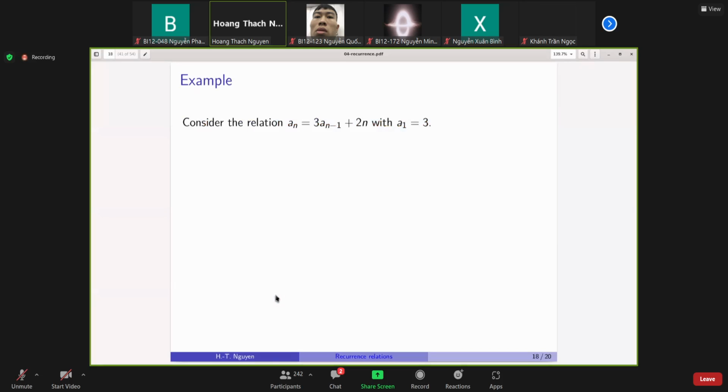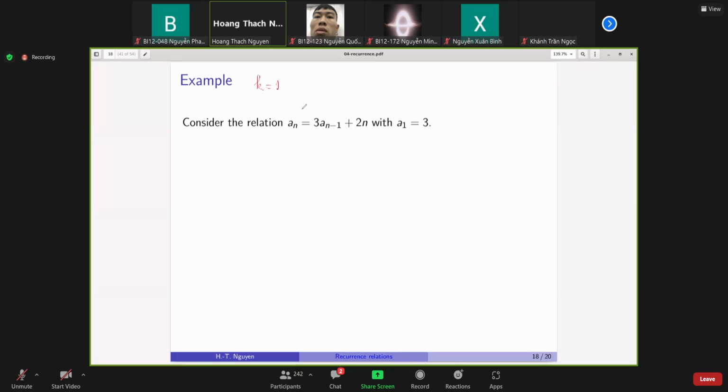But now, suppose that we have a particular solution to our non-homogeneous relation. In this example, we have this relation. For simplicity, we look at a relation of degree 1, so here we have k equal to 1.